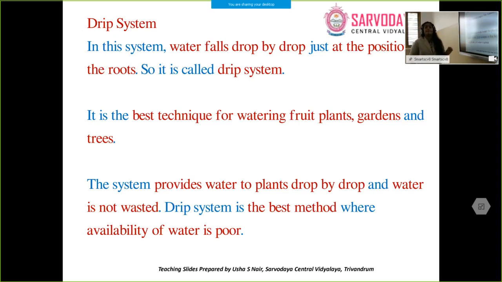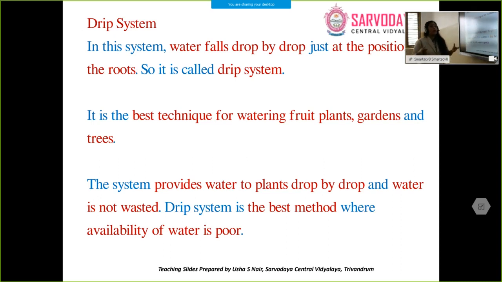So it is called the drip system. Mainly the highlight is drop by drop. Water falls drop by drop. That is the right thing. For the drip system, that line should be there: water falls drop by drop. Where? Not on the whole thing, but correctly at the position of the root.